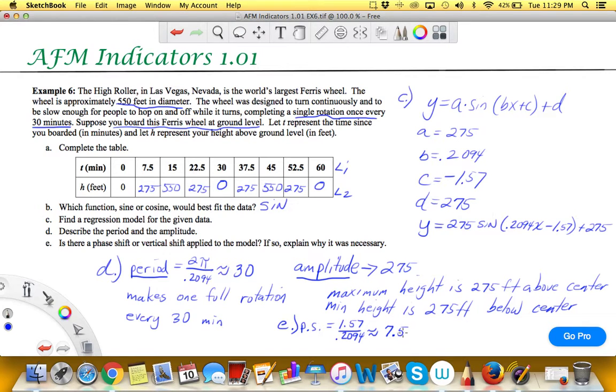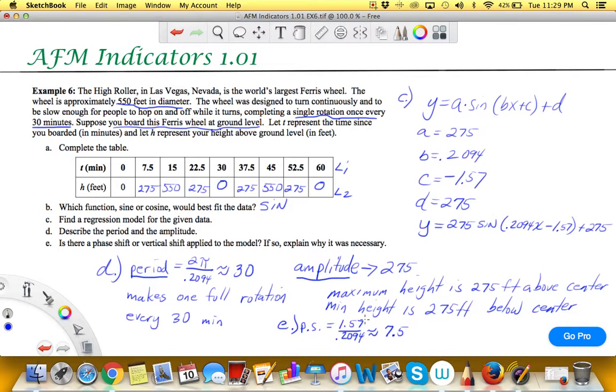Now notice this 7.5 right here in the table: after 7.5 minutes, the height is 275. So every 7.5 minutes, the height is 275.